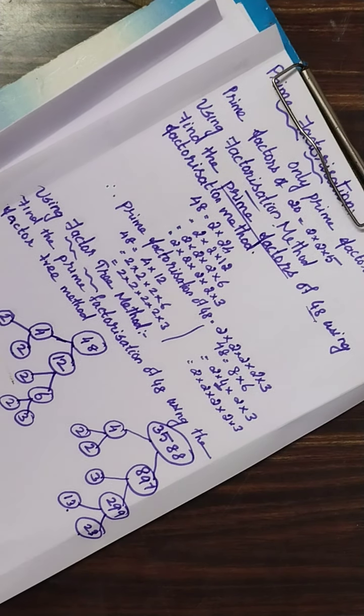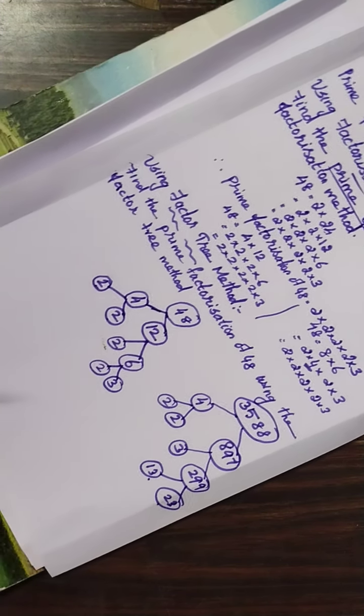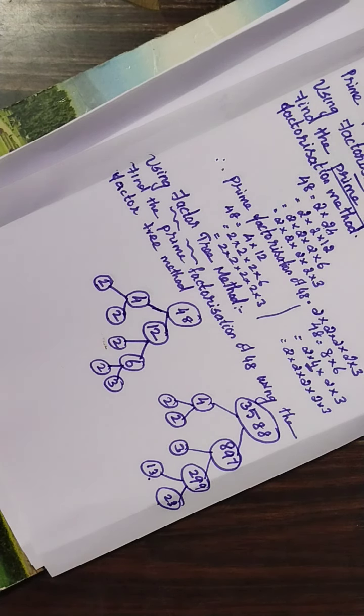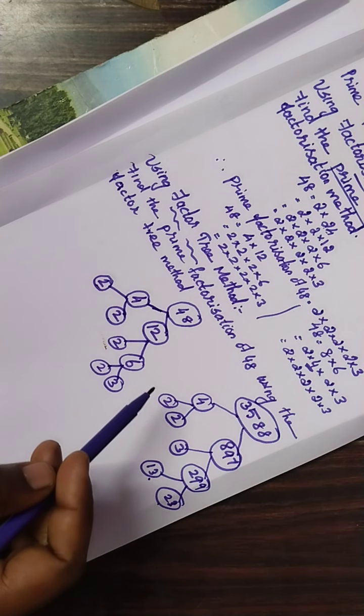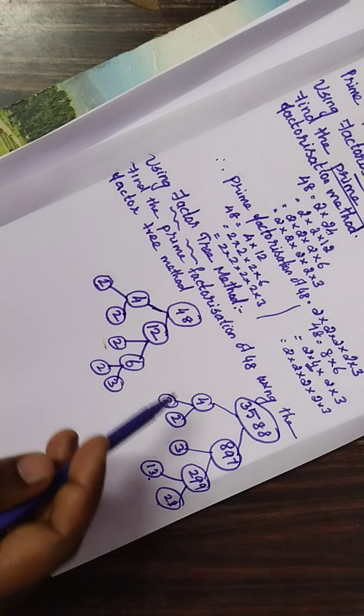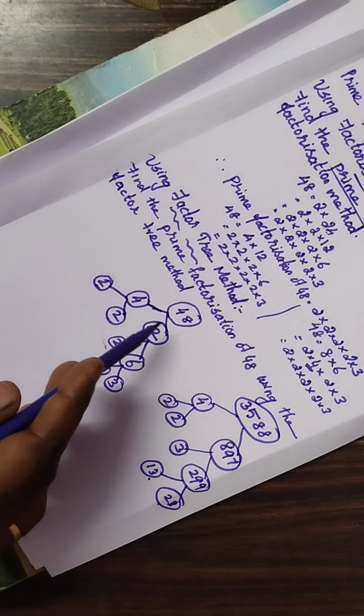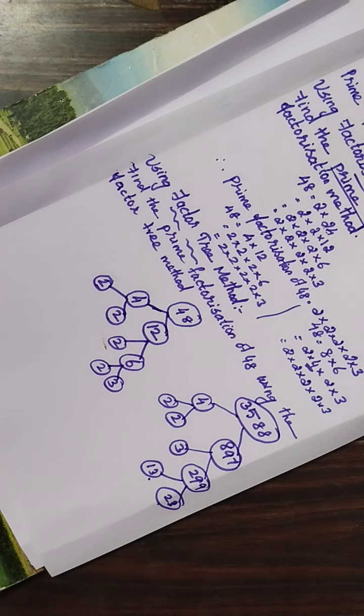Okay, then next one, prime factors using the factor tree method. First, whatever number is given in the question, you write it. Then next you split the number into 2 branches of the factor tree, broken down into a product of two numbers.